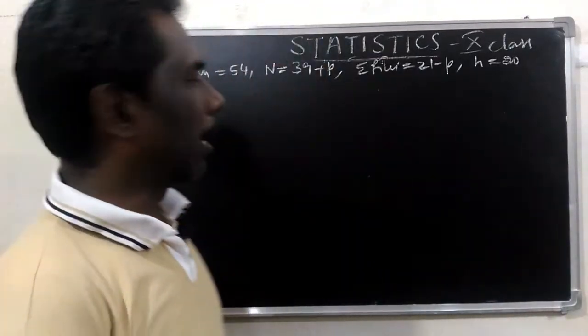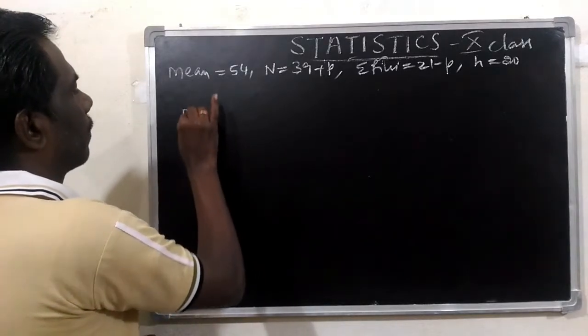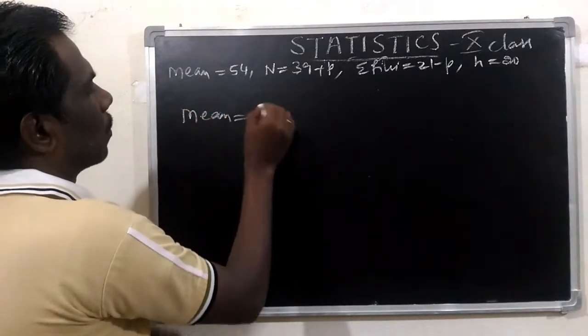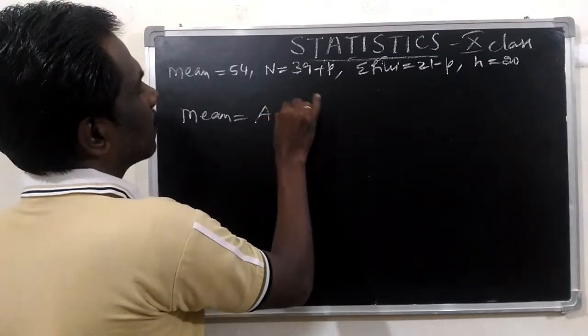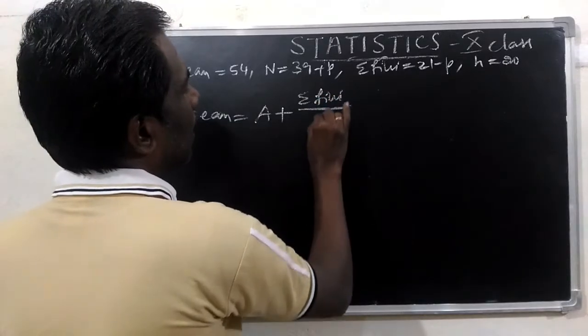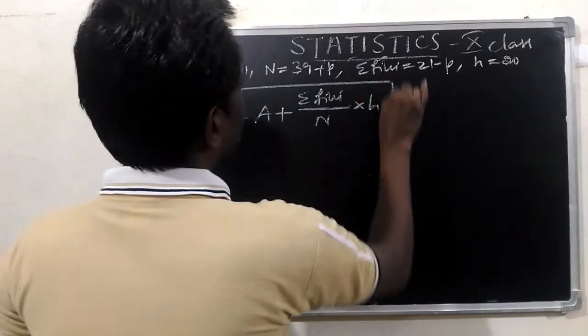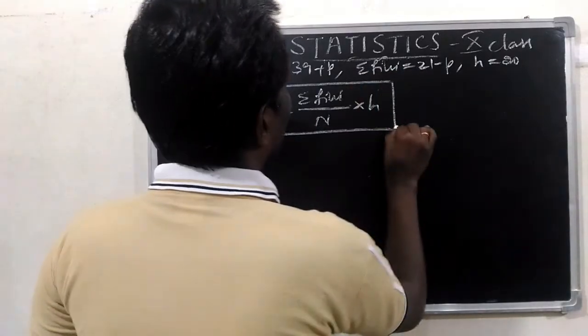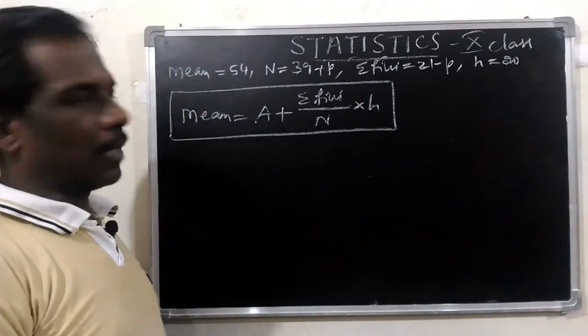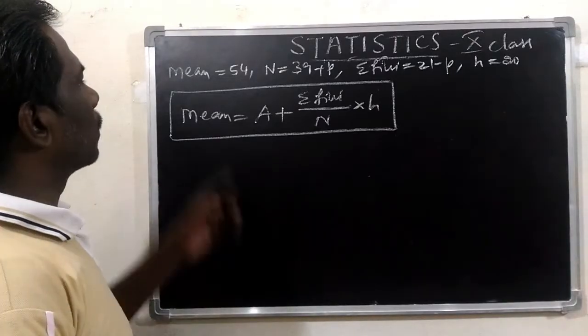Now I am writing the formula of the step deviation mean. Mean is equal to A plus sigma Fi Ui by N, into h. This is the formula of the step deviation mean. In this formula I substitute the values.